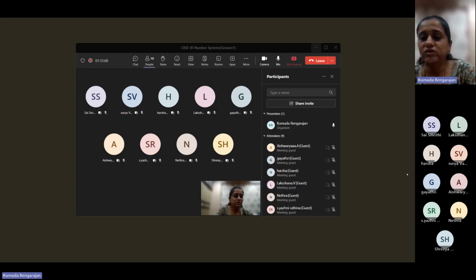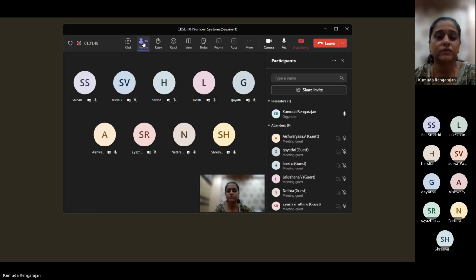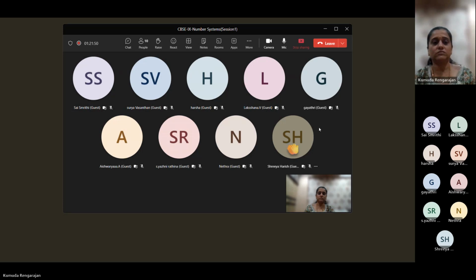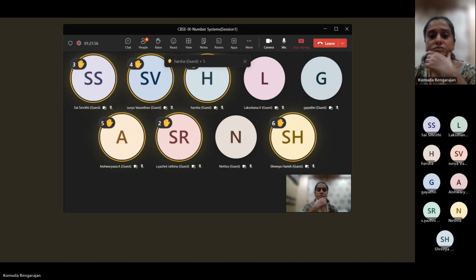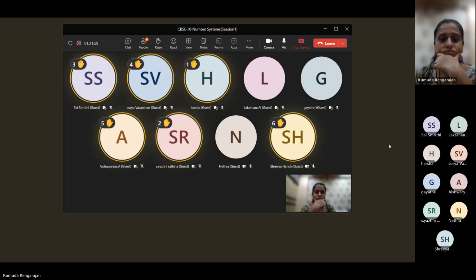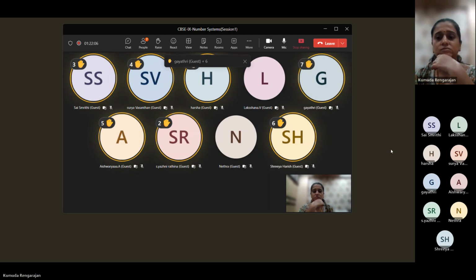Class, use emoji, raise your hand. Sai Smriti, Surya, Harsha. Priya, Yarni, Aishwarya, Gayatri. What about Lakshana and Netra?